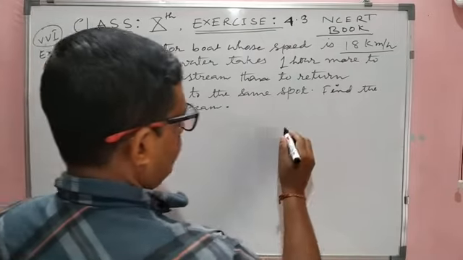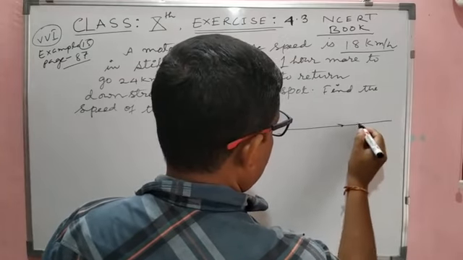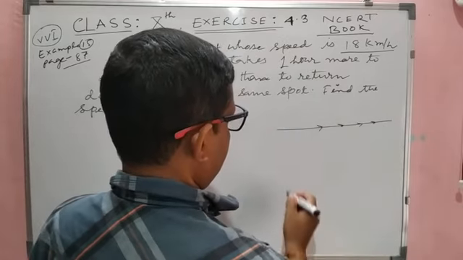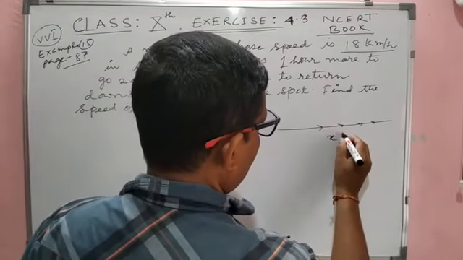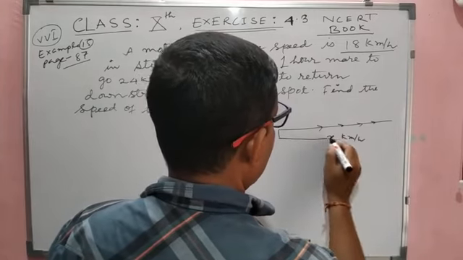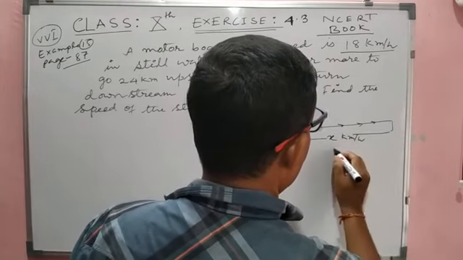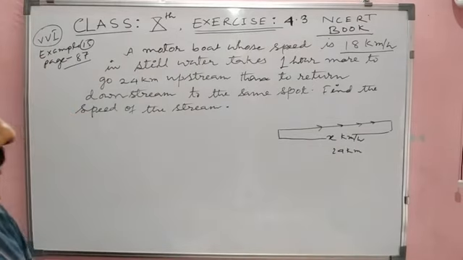Let us see. Try to understand this question. Suppose the water is moving in this direction, and let the speed of stream be x km per hour. So from here to here the distance is 24 km.